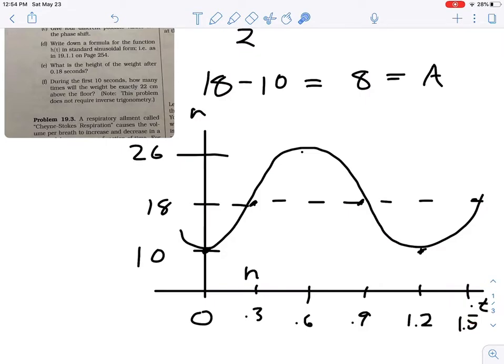But it's also a cosine curve from 0, from the bottom all the way to the top, back to the bottom, at 1.2. So the distance from 0 to 1.2 is 1.2. The distance from 0.3 to 1.5 is 1.2. So that's going to be our period. Our period equals 1.2.